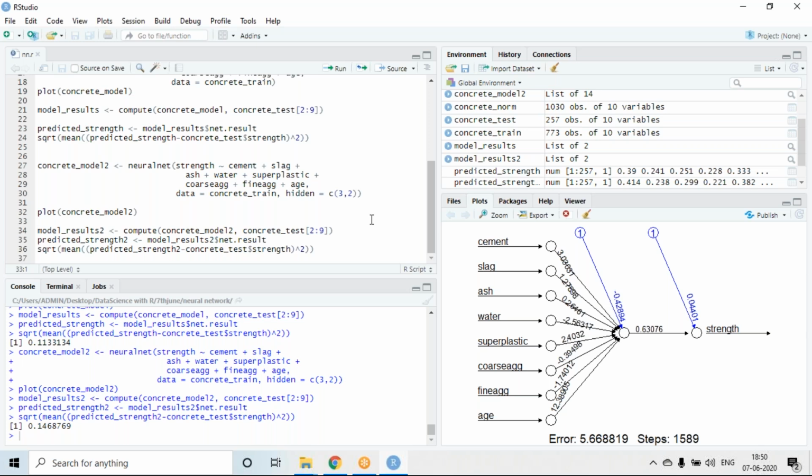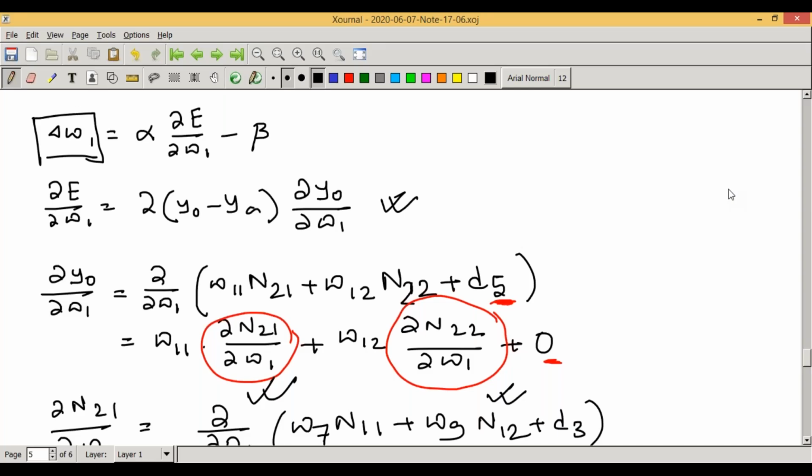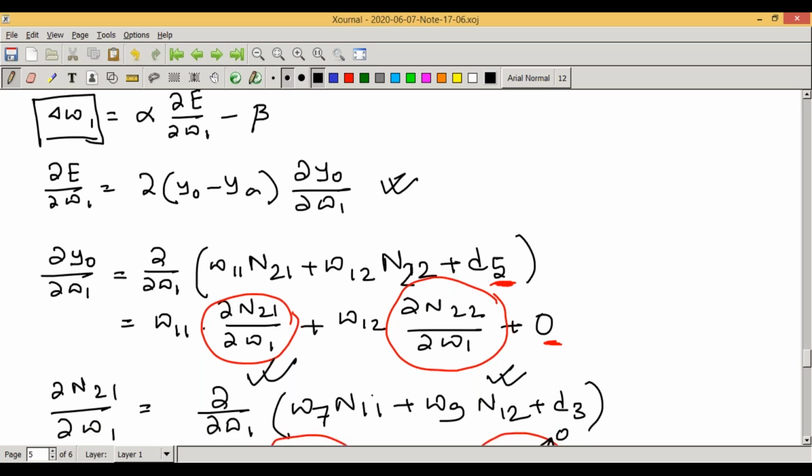So the hidden argument, Vipin: hidden 3,2 means the first layer will have 3 nodes and the second layer will have 2 nodes. So 3 comma 2 means something like this.